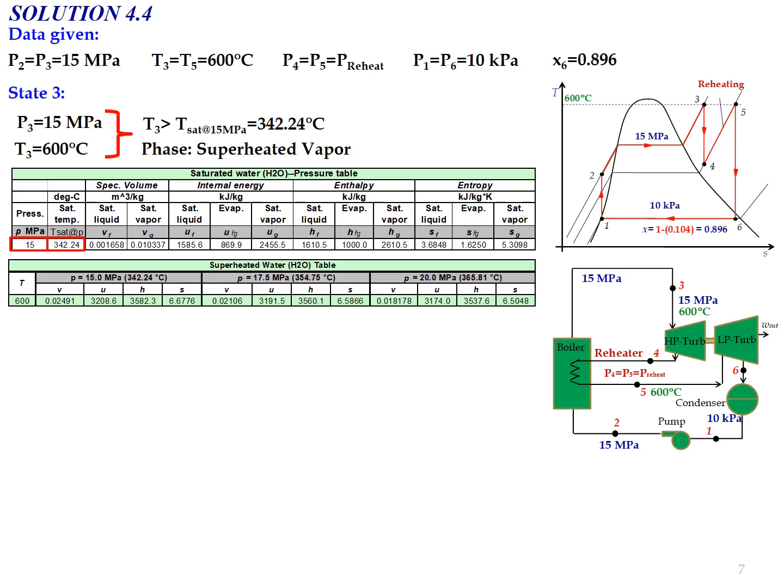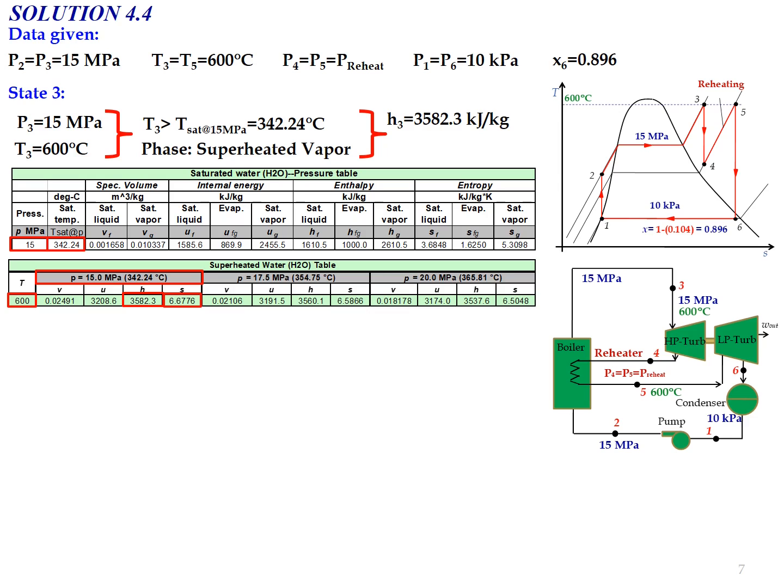So now we refer to the superheated water table at 50 megapascal and 600 degrees Celsius. From the table you can determine H3 equal to 3582.3 kilojoule per kg, and also S3.